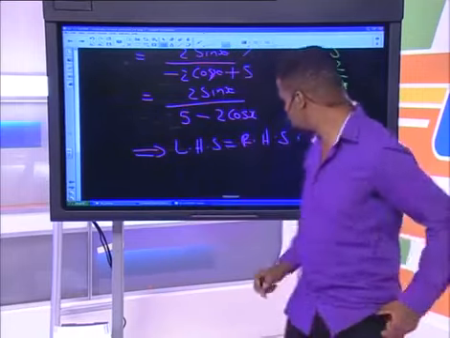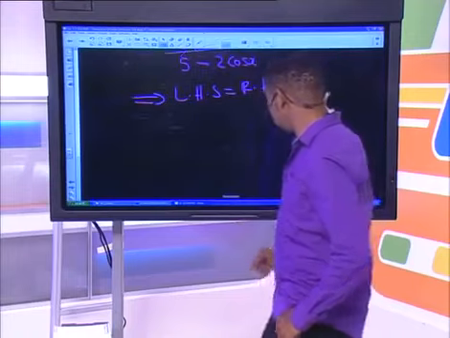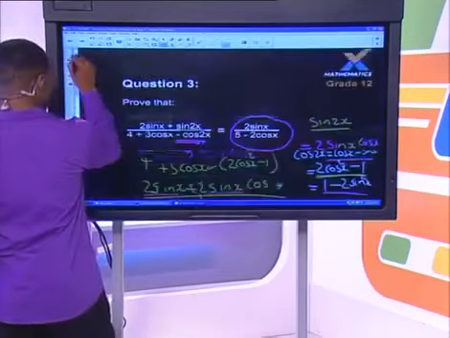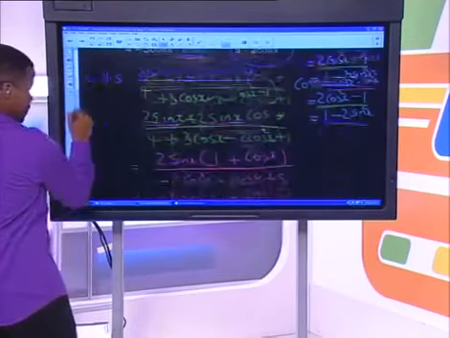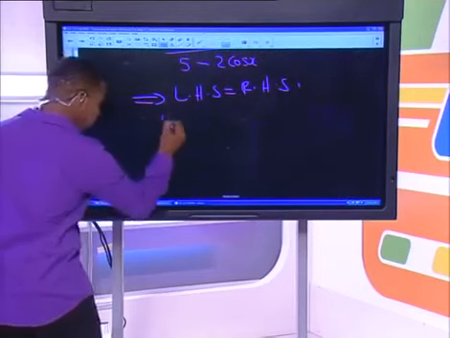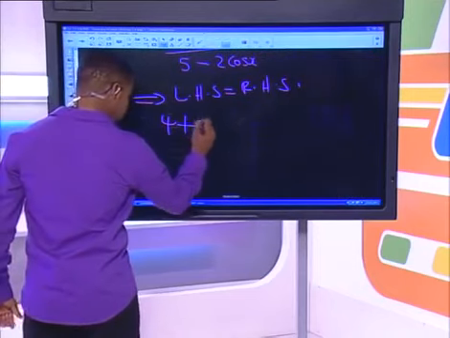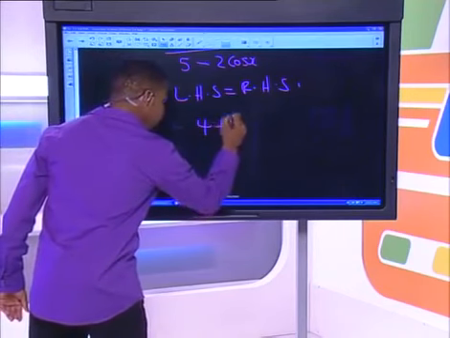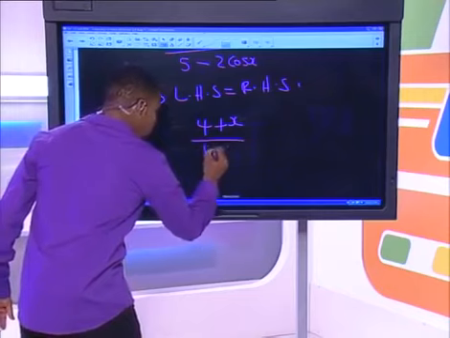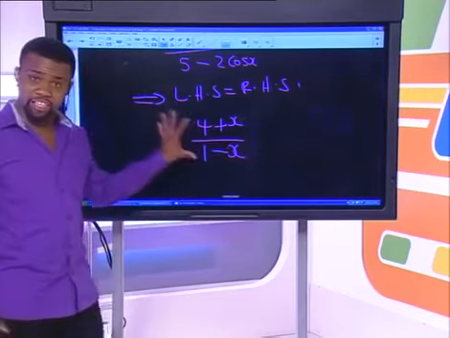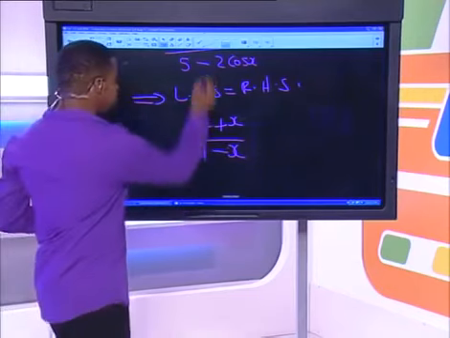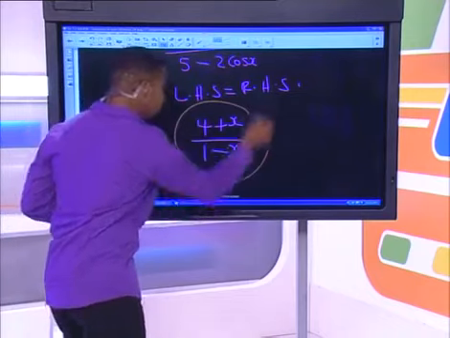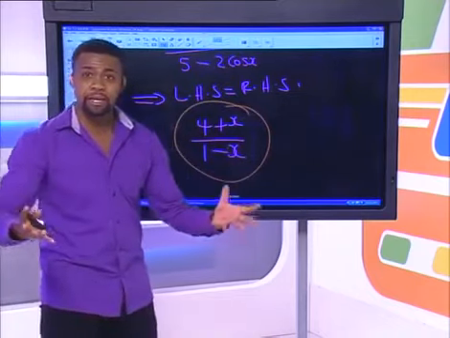Okay, let me try to answer this problem, guys. In this case, let me use this same problem. Let's say (4 plus x) over (1 minus x). Let's look at this expression. For what value will this expression be invalid?